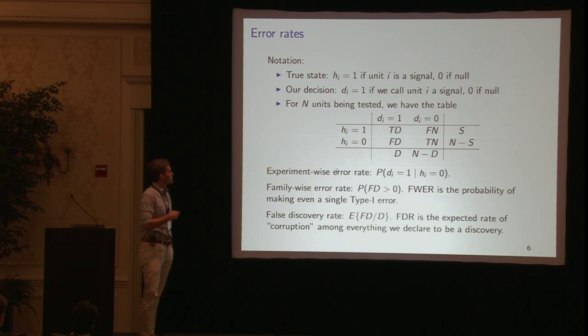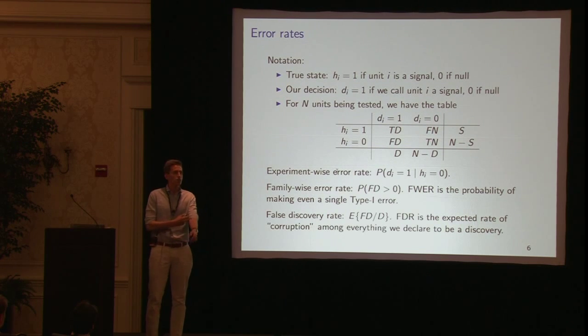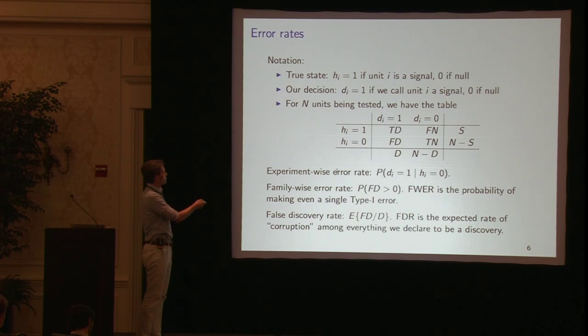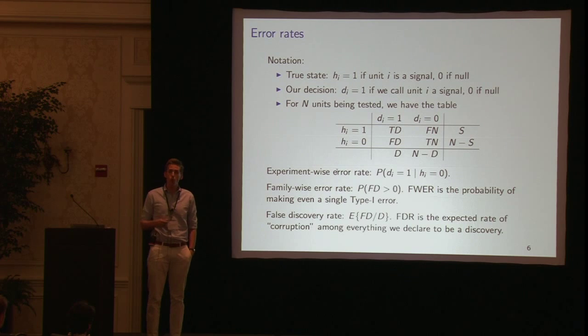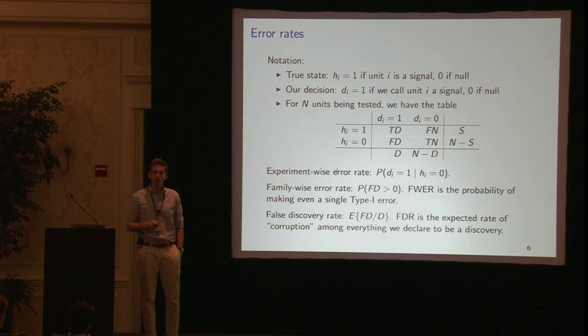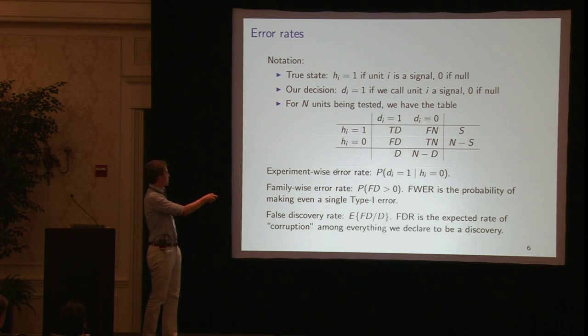So here's the one slide of background on multiple testing in high-throughput settings. Imagine this conceptual 2x2 table, where the state of nature for every single test of significance is either H_i equals 1, that's a signal, or H_i equals 0, that's noise, and then there's our decision.